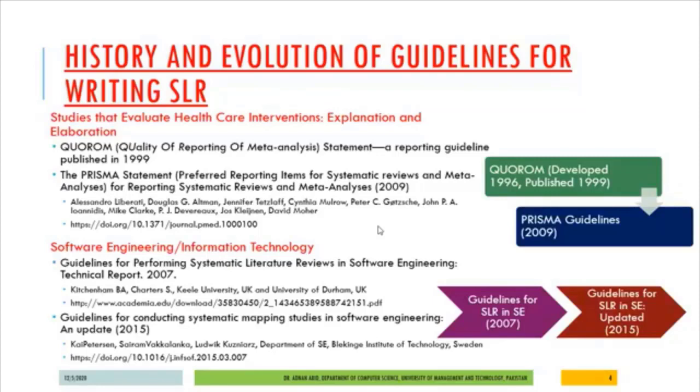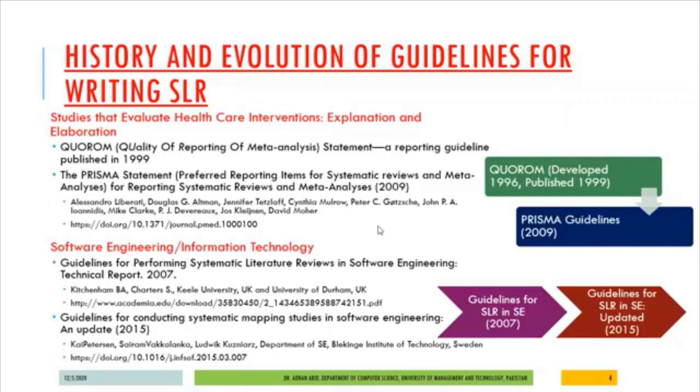And may I tell you that these are reasonably generic guidelines, equally applicable and easily customizable for the rest of the domains as well. Particularly in the software engineering or information technology domain, these guidelines were presented in 2007 by some researchers from the United Kingdom, and subsequently in 2015 people from BTH Sweden revised these guidelines for writing structured literature reviews.